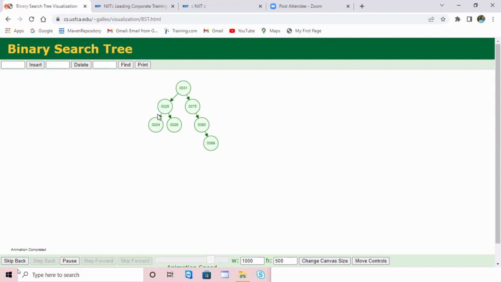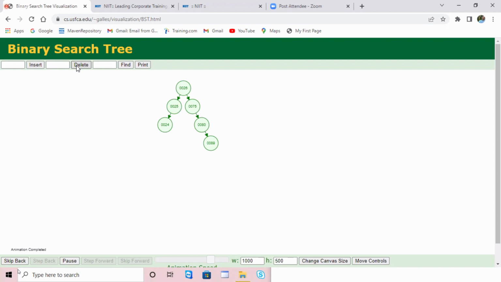Root has two nodes, out of which if I am going to delete 31, it will always need to search. Don't go with the root now.